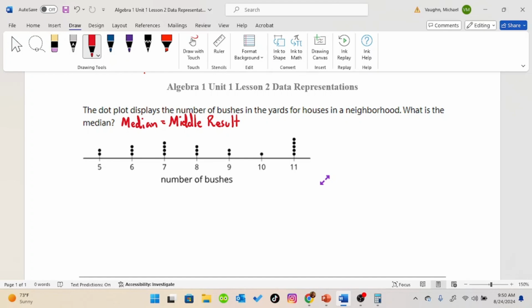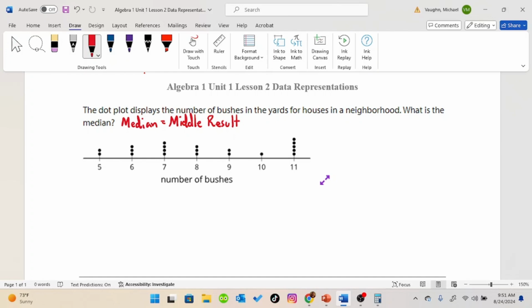So we would count the total number of dots, and there are 20 dots on this dot plot. If you divide that in half, that would be 10. So we need 10 dots to be to the left of our median, and we need 10 dots to be to the right of our median.